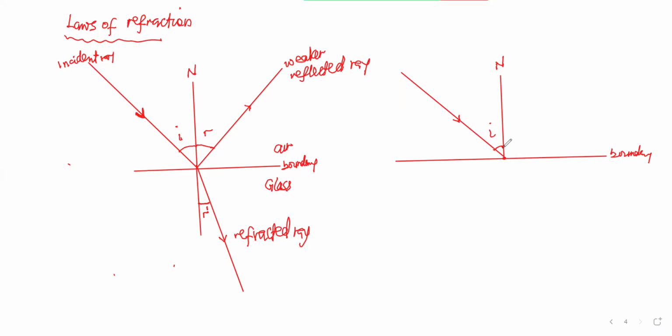A small part of it would also be reflected. And that small part reflected will also obey the laws of reflection. That angle of incidence is equal to angle of reflection. So over here too, that law is obeyed.